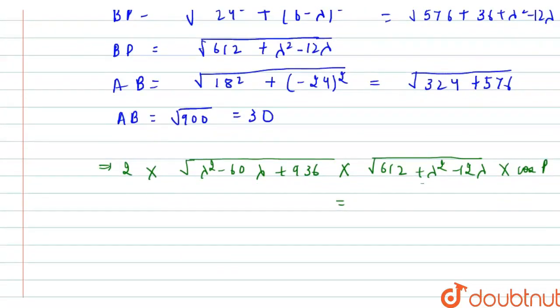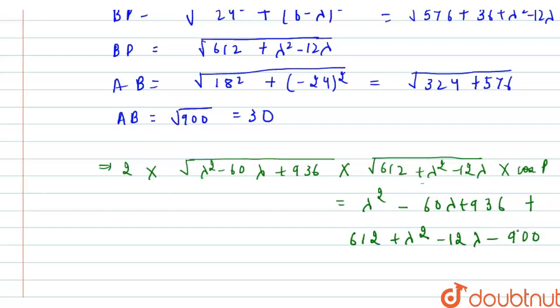So it corresponds to lambda square minus 60 lambda plus 936 plus 612 plus lambda square minus 12 lambda. This is AP square, this is BP square, and minus AB square, which is the square of 30, that is 900.